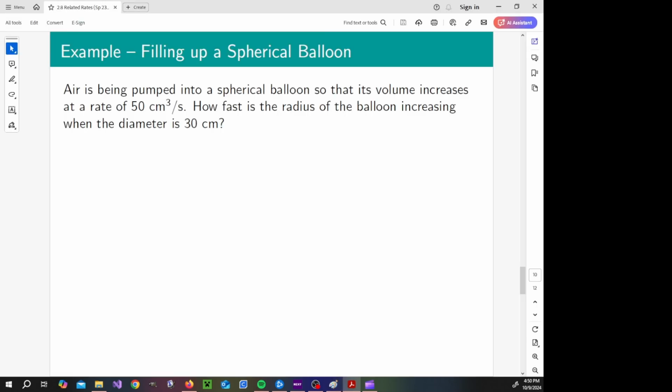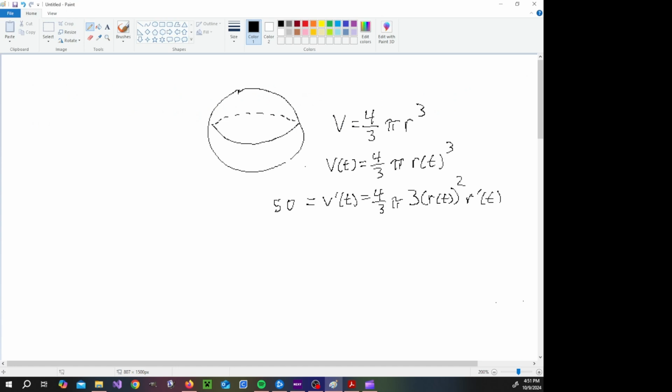How fast is the radius of the balloon increasing when the diameter is 30 centimeters? So can we see what it's looking for in our equation? Yes, it wants the change of the radius, so r prime. Well, what is the last unknown then in this equation? If I have 50 is equal to this equation, I still need to figure out what r of t is.